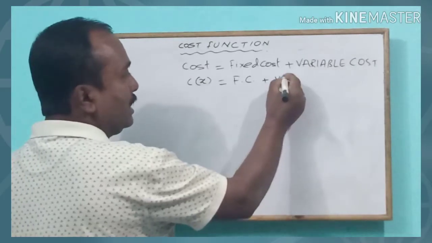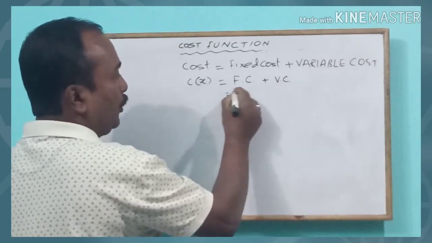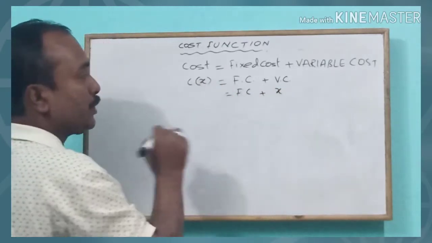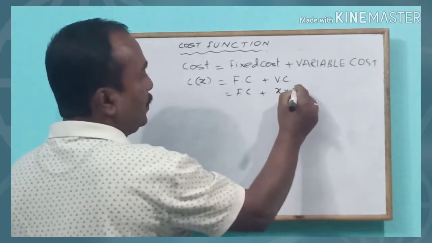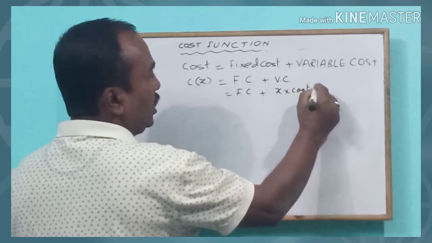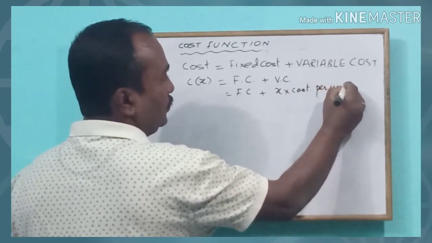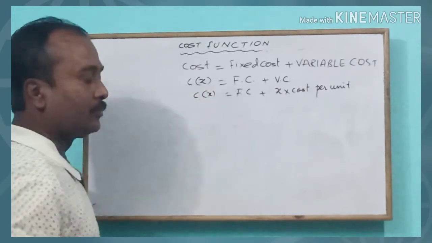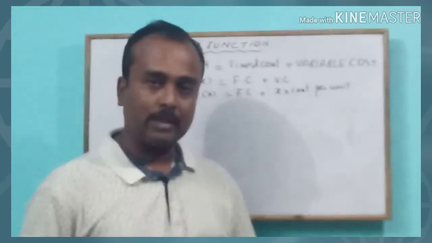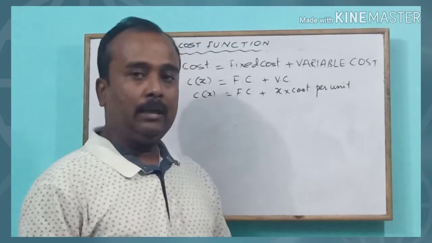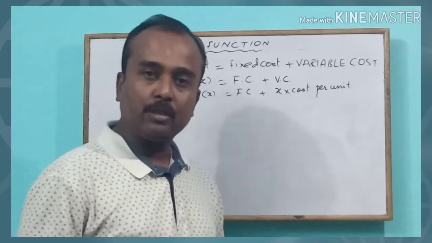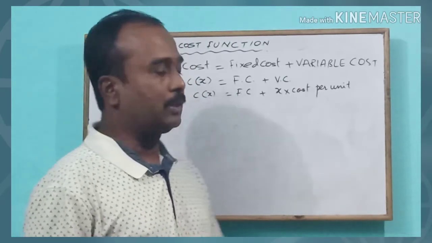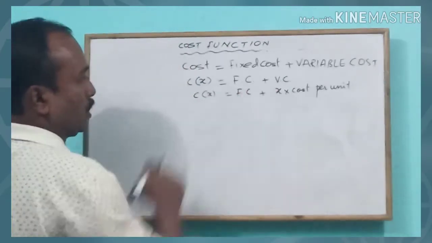Variable cost is x, the number of units produced, into cost per unit. Okay, this is the cost function. First we will understand the cost function, and then we will go with examples of cost functions and variable cost, and then we will move to revenue function. So this is the cost function.